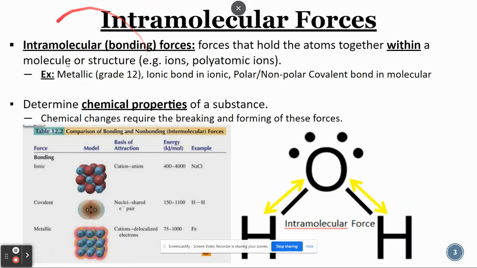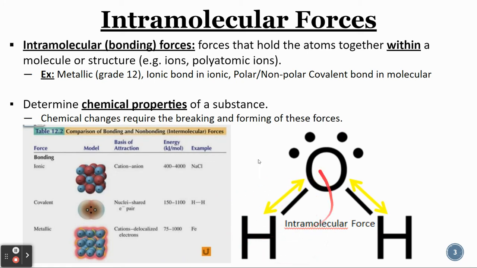So let's go ahead and start off with intramolecular forces first, also called the bonding forces. The bonding forces are the ones that hold the atoms together within a molecule or substance. So for example, here, the atoms of O and H's within the water molecule are held together by some intramolecular forces, some covalent bonds. So covalent bonds are examples of intramolecular forces happening within the molecule.